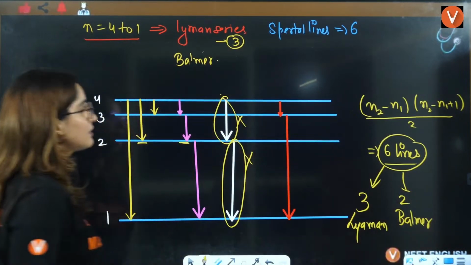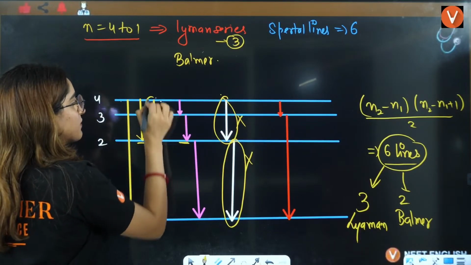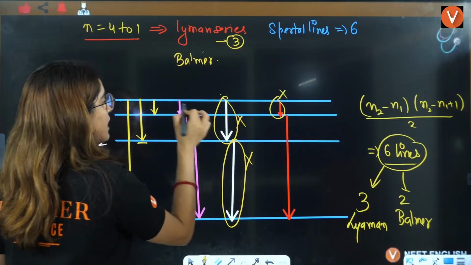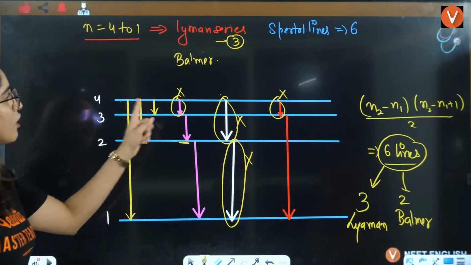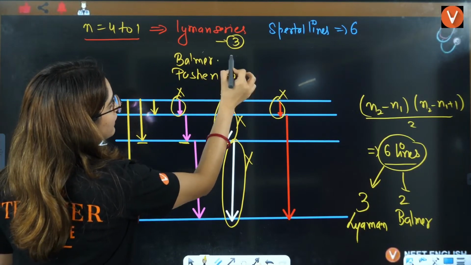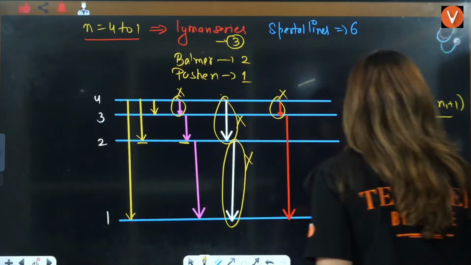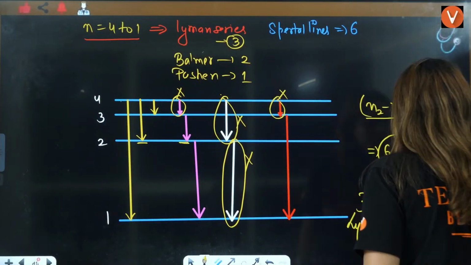Now, can you see this and this are the same line? So we will eliminate this and this. To Paschen, you have only 1 line that belongs to Paschen.